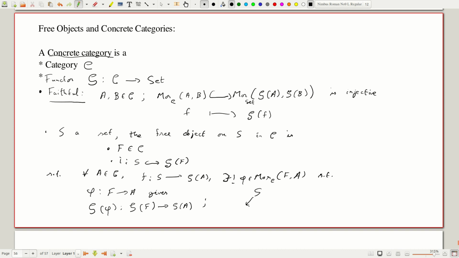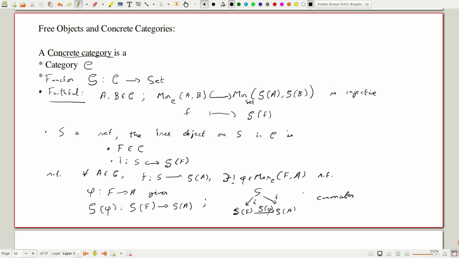S is mapped by inclusion into S of F, the set of F, and it's mapped by little f into the set of A, and the set-induced map S of phi commutes. So the corresponding map on sets commutes.